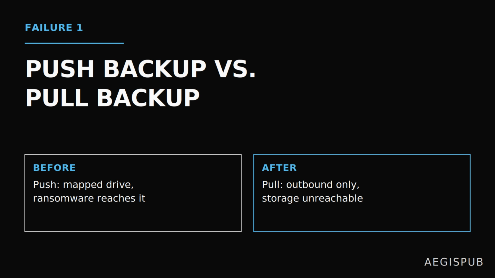In the redesign phase, implement network segmentation that prevents workstations from reaching file servers they have no legitimate reason to access. Implement microsegmentation between file servers in different departments, and rebuild the backup system as a pull-based architecture with isolated storage that is not reachable from the production network.